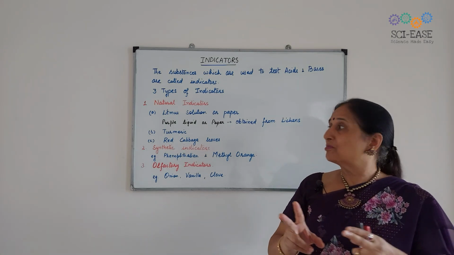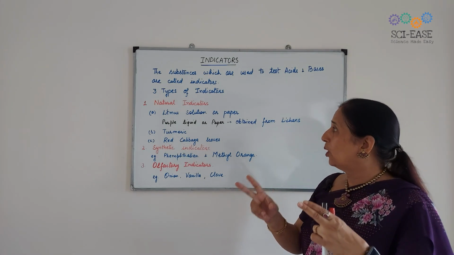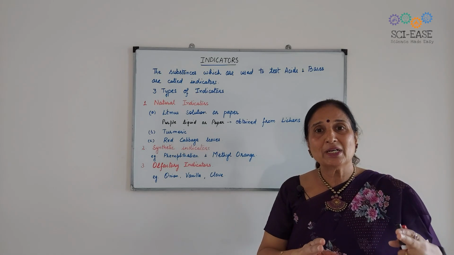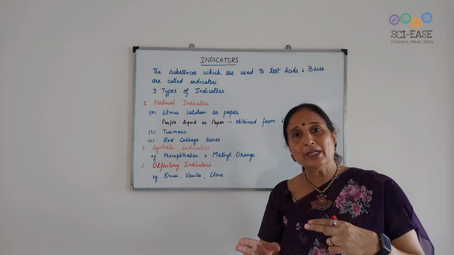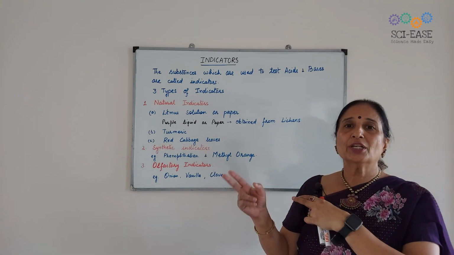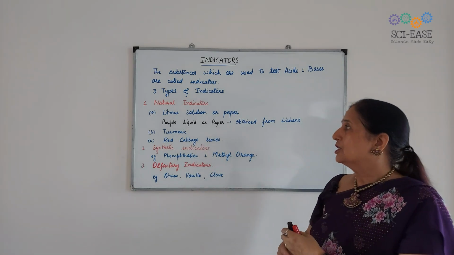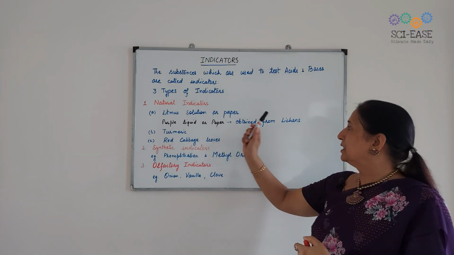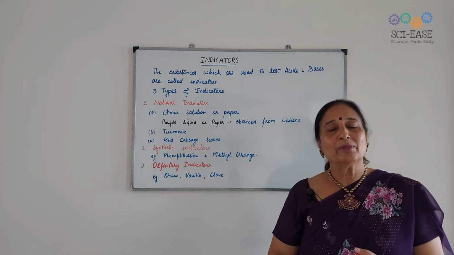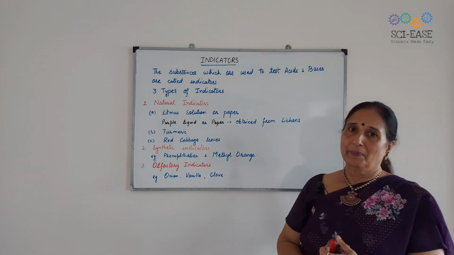There are two types of litmus solutions or papers: the blue litmus paper or solution and the red litmus paper or solution. So, the purple liquid or paper that is obtained from lichens is the litmus solution or paper.